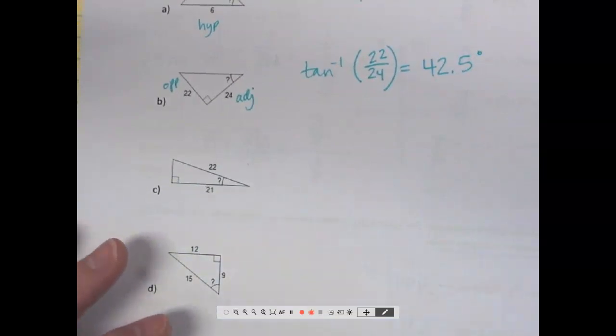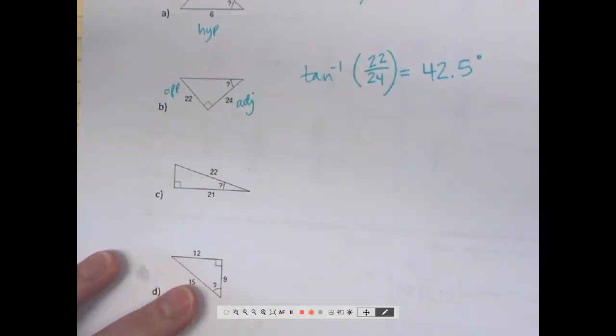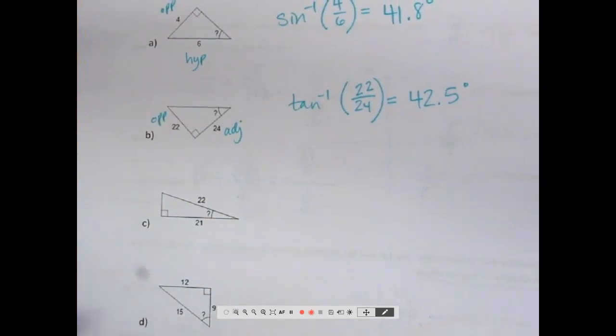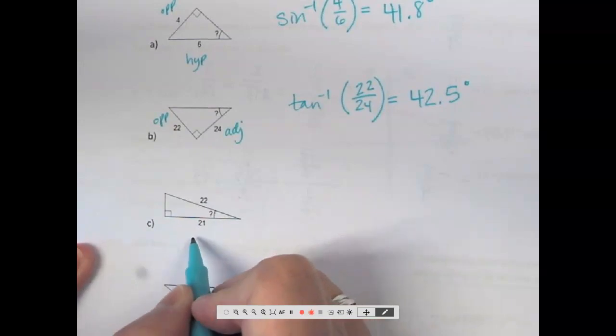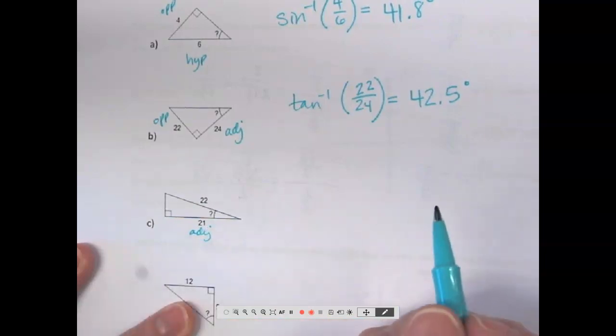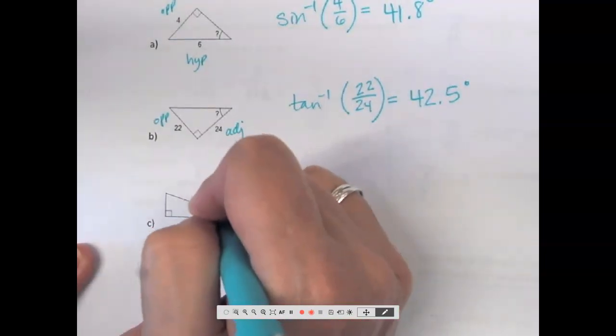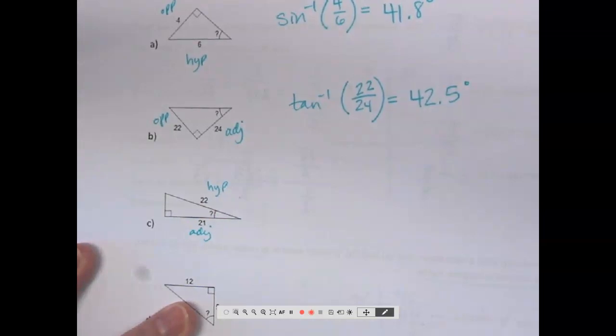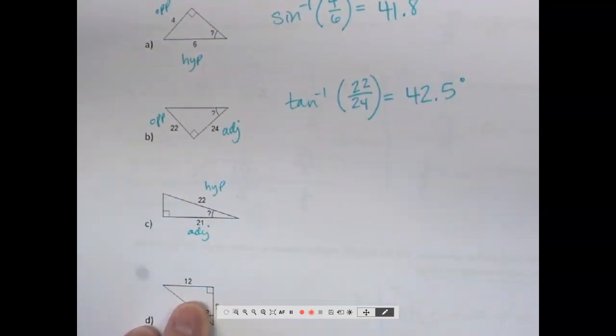All right. Looking at C, what is side 21? Adjacent. What is side 22? Hypotenuse. What uses those two? Cosine.